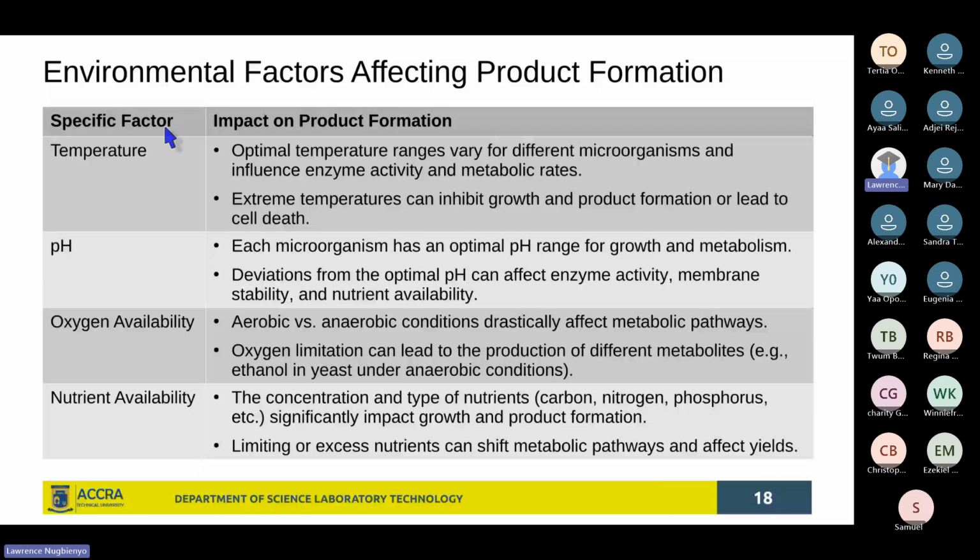When the bioreactors are being set up, you set up temperature. There should be an optimal temperature range for different microorganisms, because of course you are dealing with metabolic processes and enzyme activity. So you need to optimize temperature.